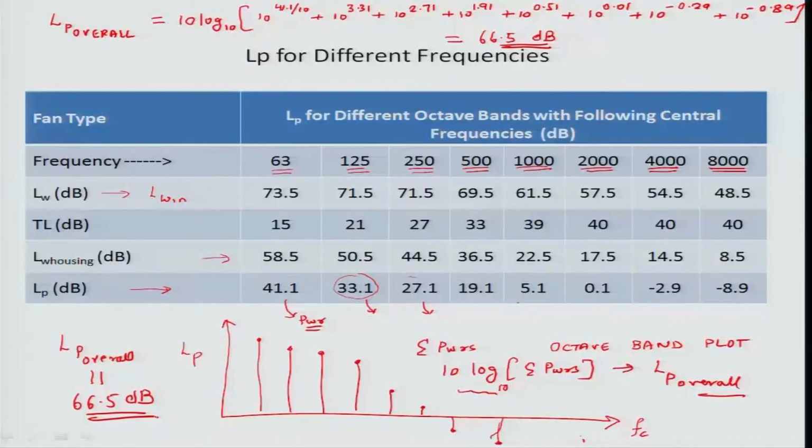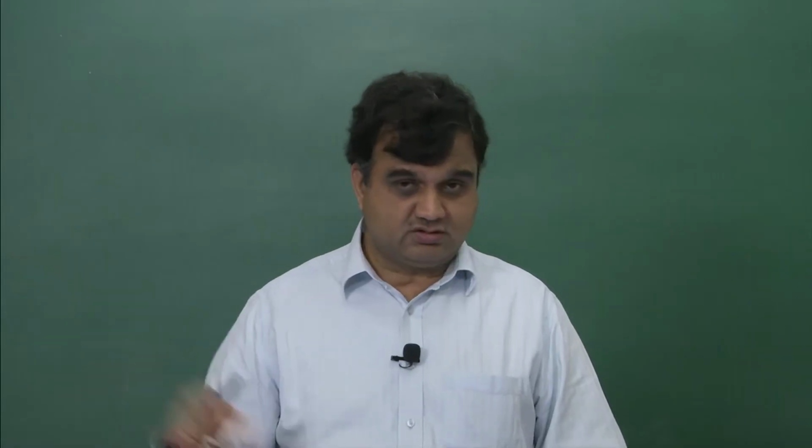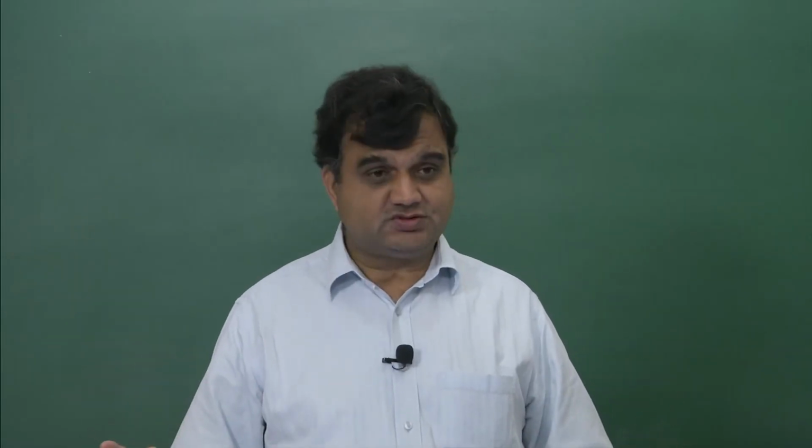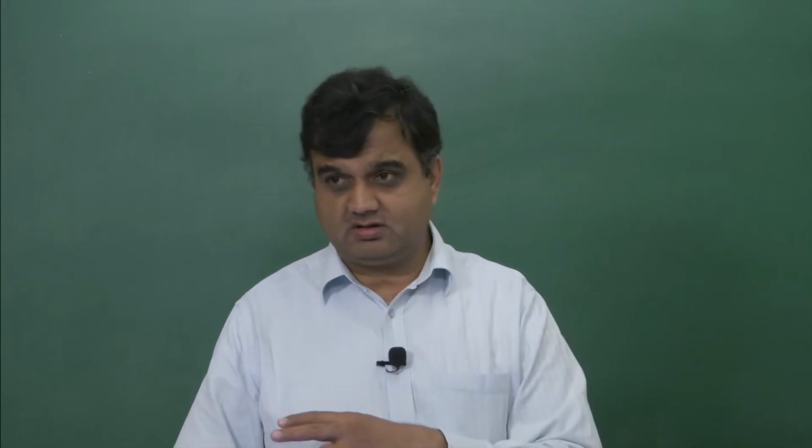In this case we have assumed that the pipes existed, so the only sound which was coming was through the housing. But what would happen if we had one pipe open and also sound was coming through the housing? What are we going to do?